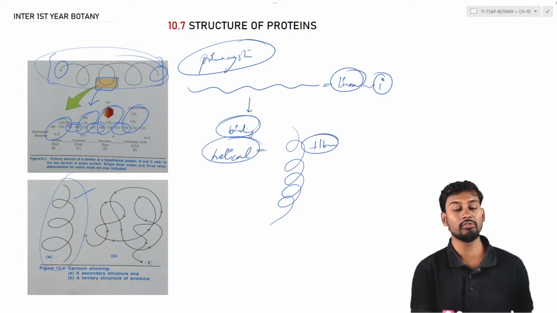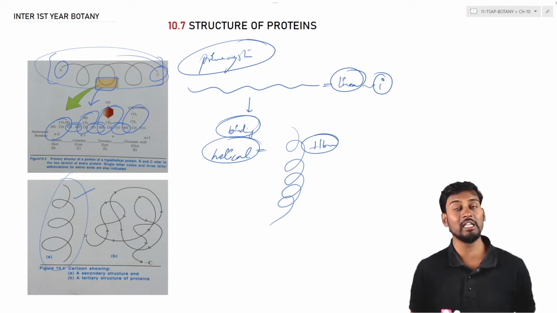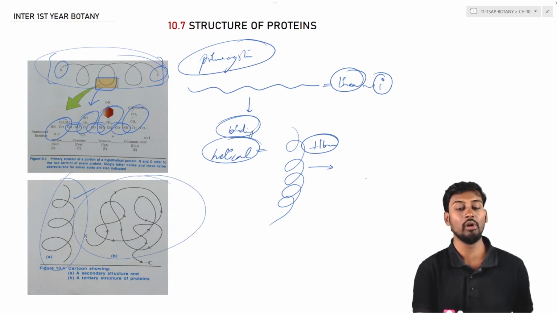The bonds generally present in the background of the protein molecule are the hydrogen bonds, which are involved in causing the helical structure, the helical format of the protein. This helical structure will also undergo further folding.